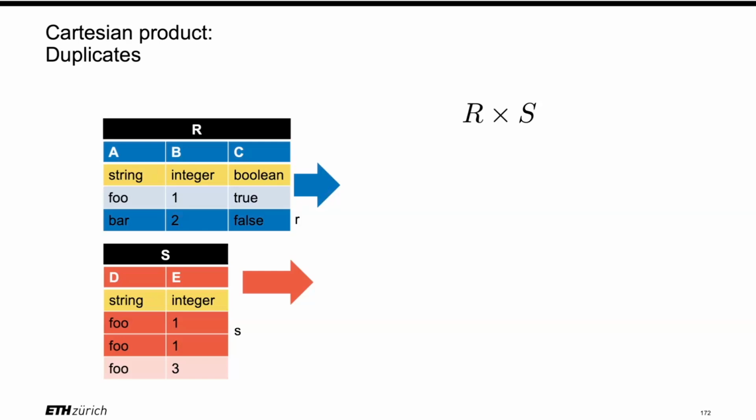On Zoom, maybe? Do we have any answers? If I give you a bag with 5 apples and another bag with 10 apples, and I tell you, give me all the possible combinations you can find of these apples, how many will there be? All pairs of apples that you could take from these bags. Yes? Exactly, S times R, that's it.